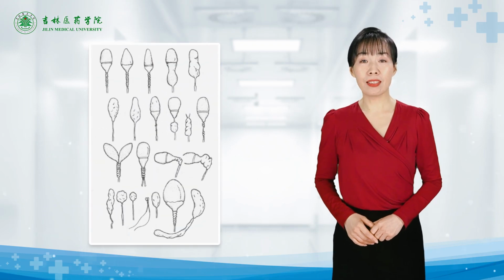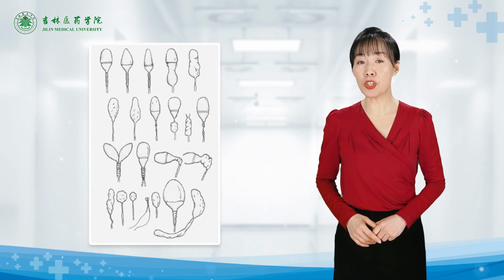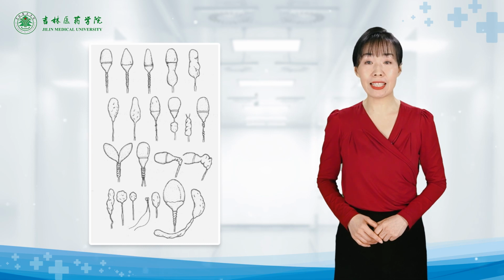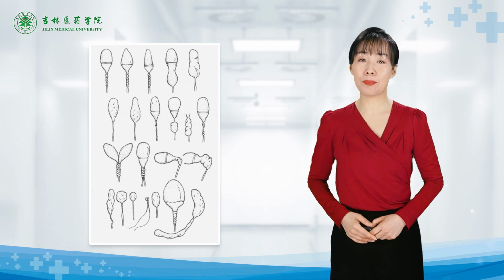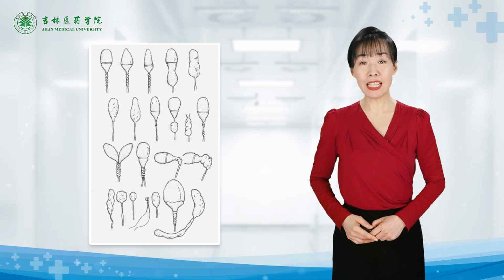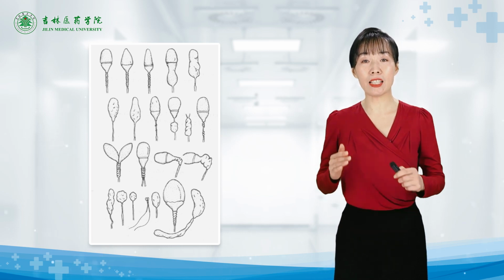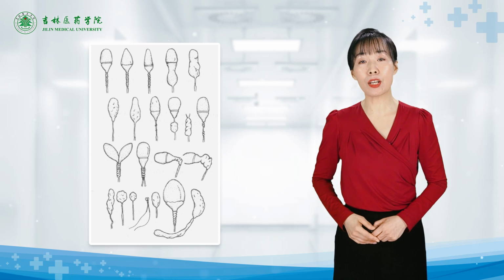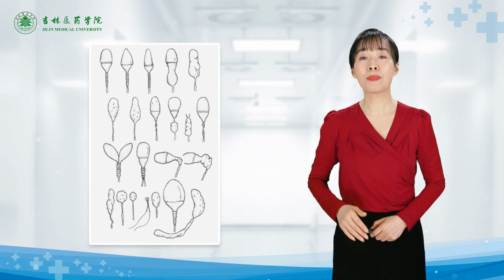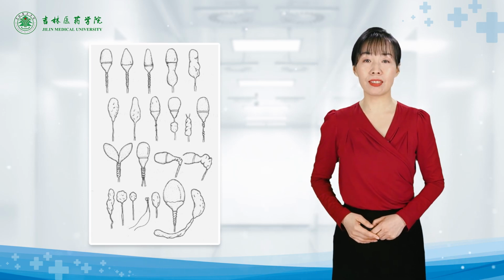In humans, the changes that occur between the spermatogonial state and the formation of the spermatozoa take about 64 days. Spermatogenesis must occur at a temperature of 2 to 3 degrees centigrade lower than the abdominal temperature.